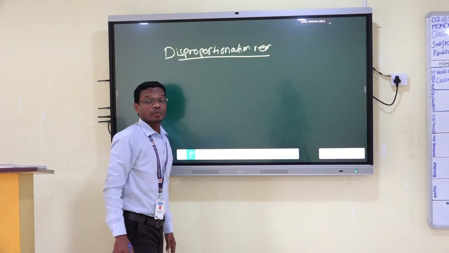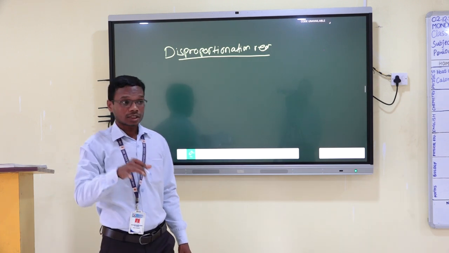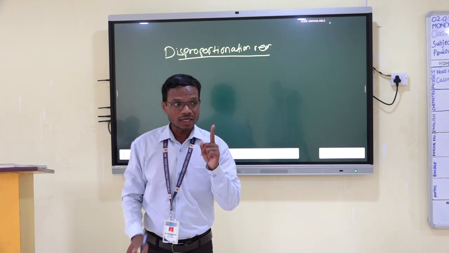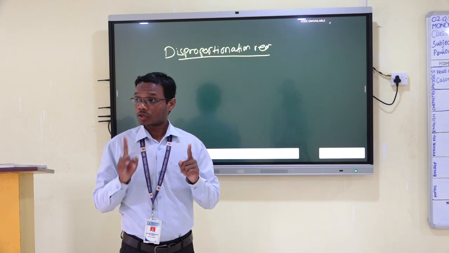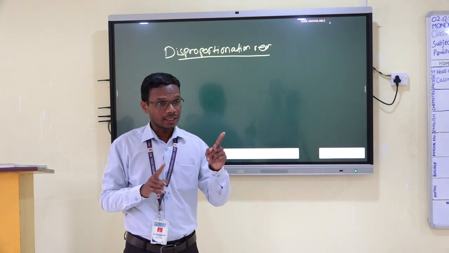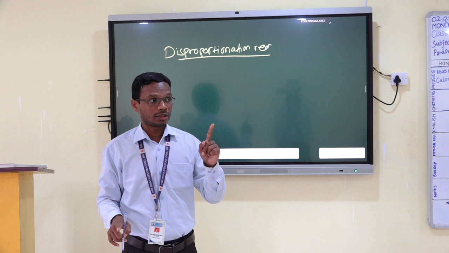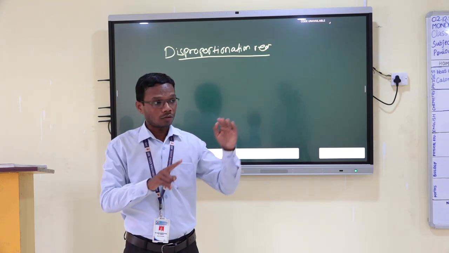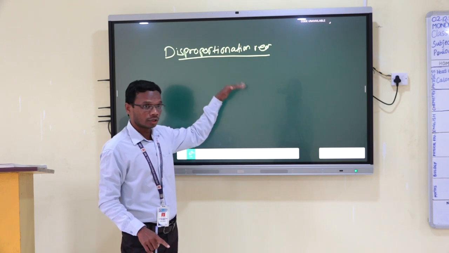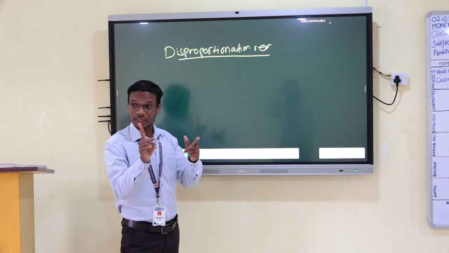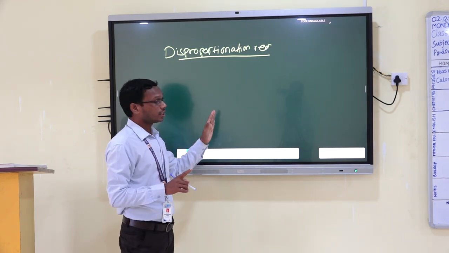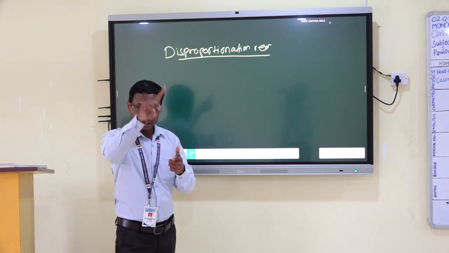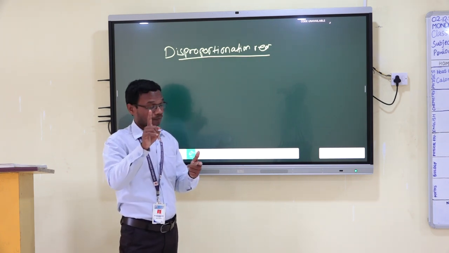This is a special type of redox reaction in which the oxidation number of one reactant, listen carefully, increases and decreases simultaneously. Whatever reactions we compared before had two different reactants, but in this reaction, one reactant increases and decreases simultaneously.